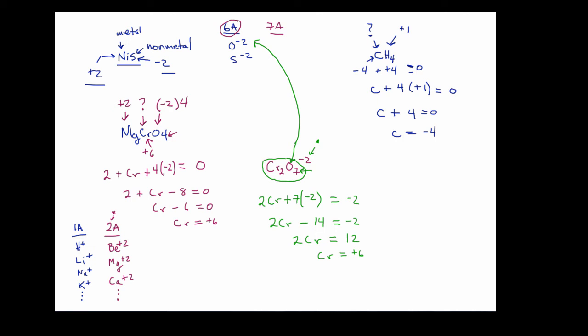Now, even though there are 2 different examples here that focused on chromium and that have the same oxidation number, please do not make the mistake of thinking that your chromium, every time you find it in a compound, is going to be +6, because that's just simply not true.